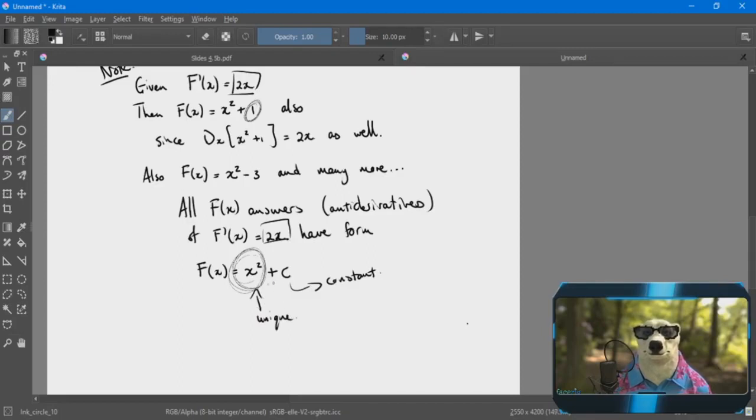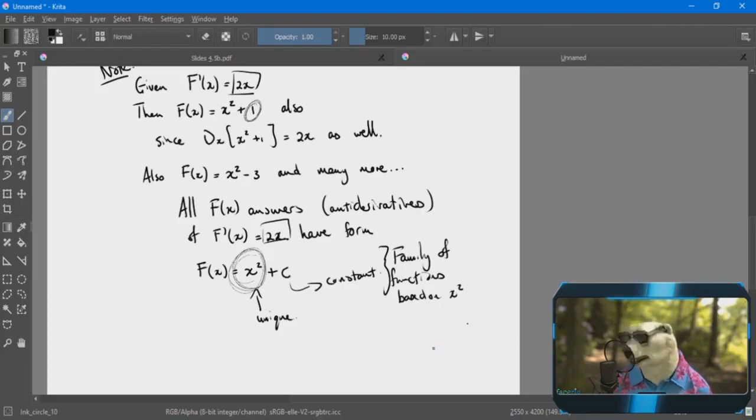But because I can add or subtract a constant, I really get a family of functions that are all based on x squared. They can't be fundamentally different. They're just technically different, but fundamentally they're all based on the same essence of the function.